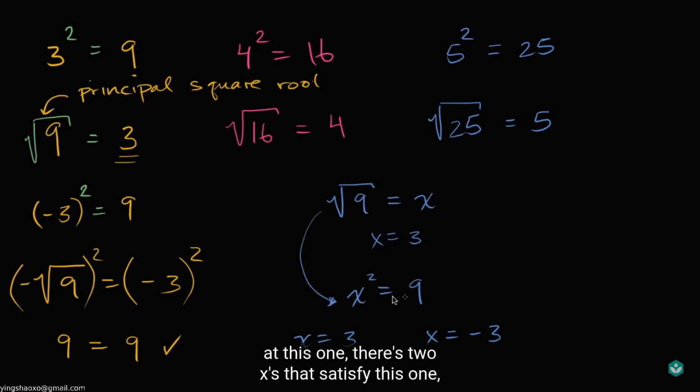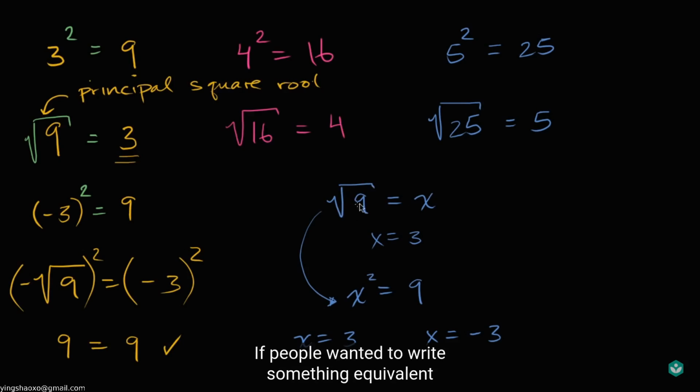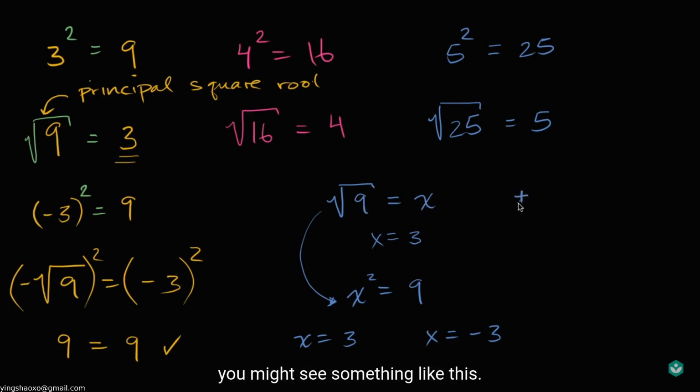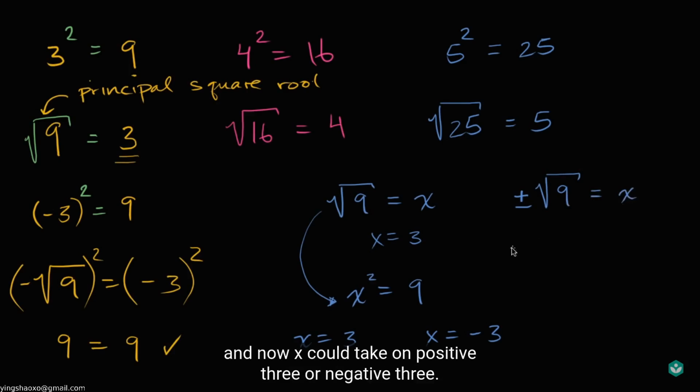Although when you're looking at this one, there's 2 x's that satisfy it, while there's only 1 x that satisfies this one, because this is the positive square root. If people wanted to write something equivalent where you would have 2 x's that could satisfy it, you might see plus or minus square root of 9 is equal to x. And now x could take on positive 3 or negative 3.